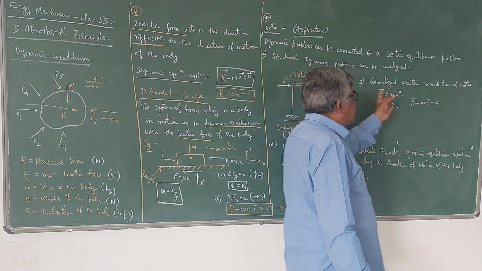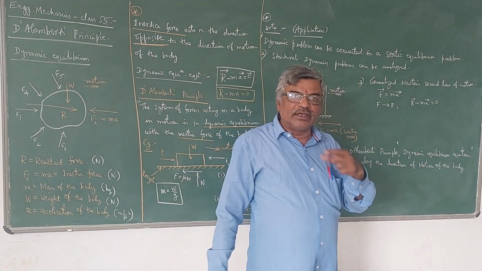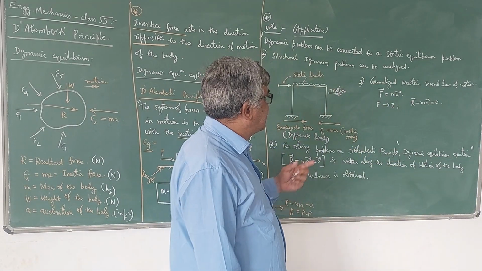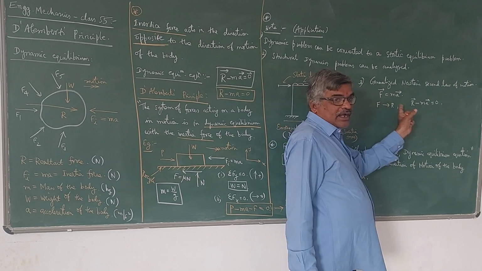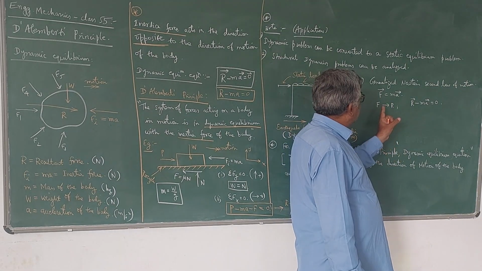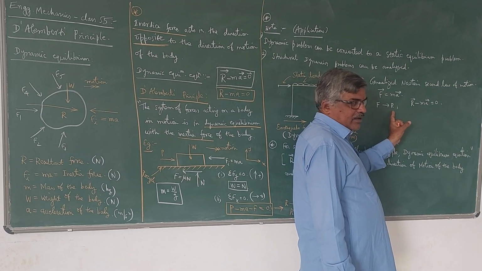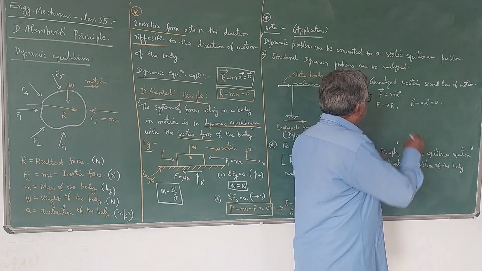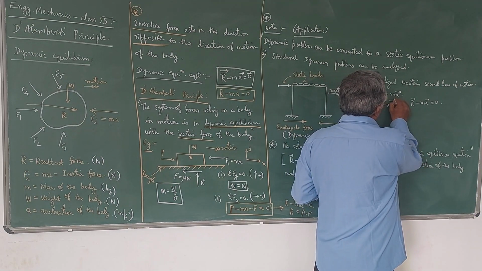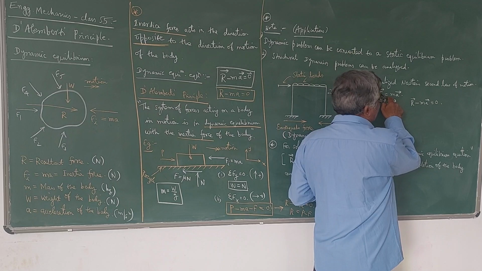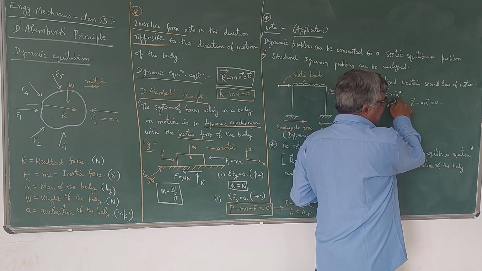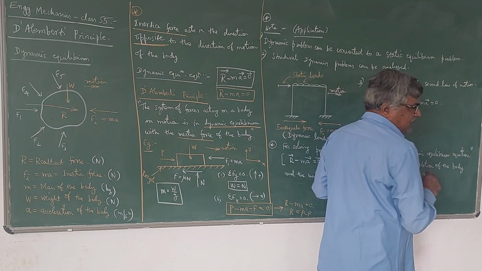Next, the generalized Newton's second law of motion. You know that F is equal to ma is the generalized Newton's second law of motion that we have learned. Here, if you replace this F by R, what happens? Vector R is equal to m into vector A, or R minus ma is equal to 0.